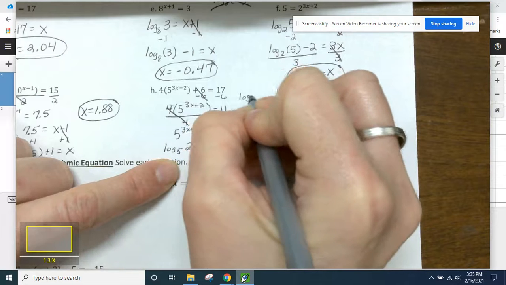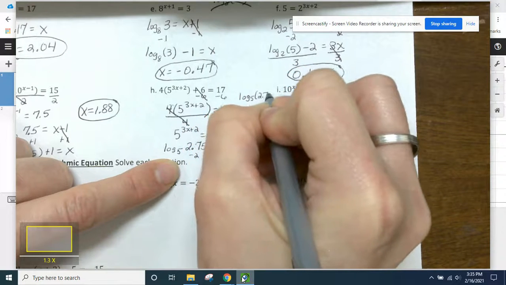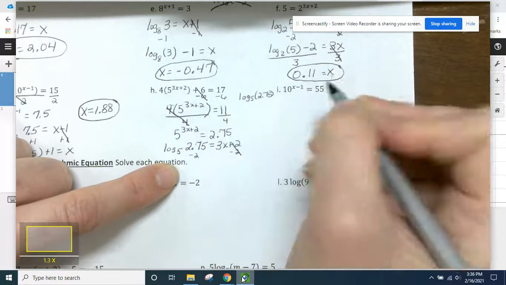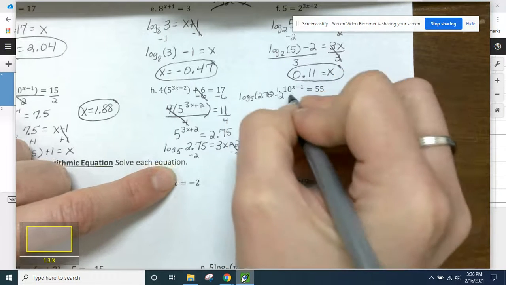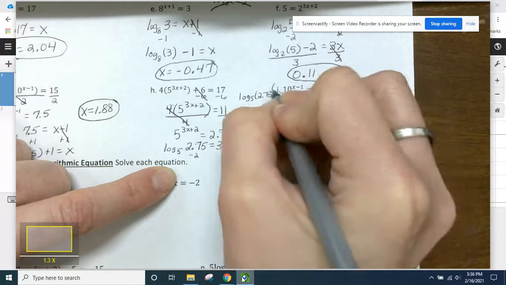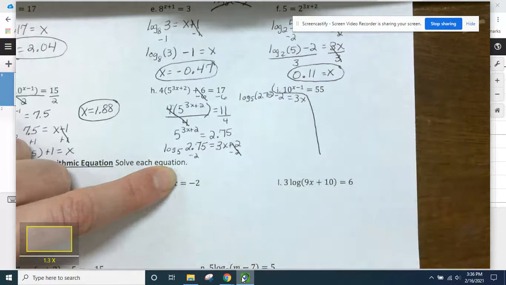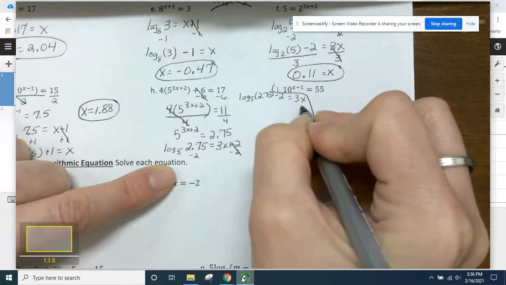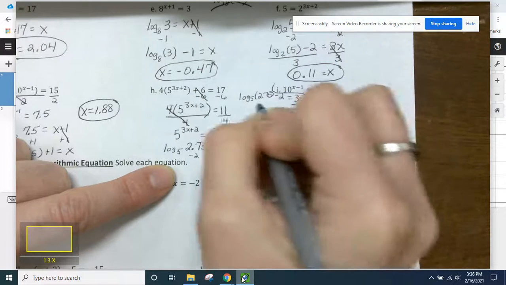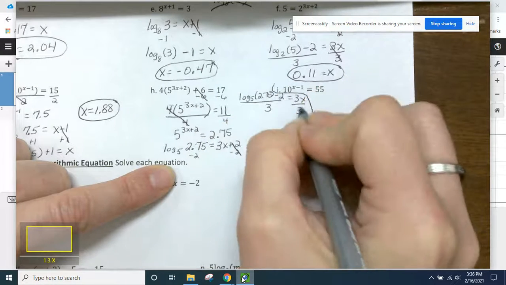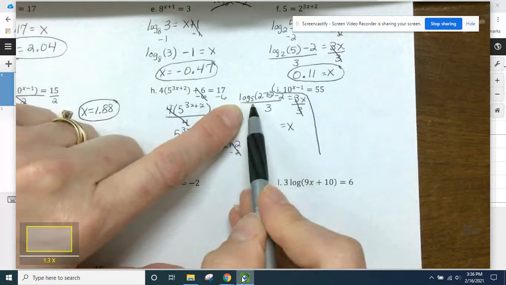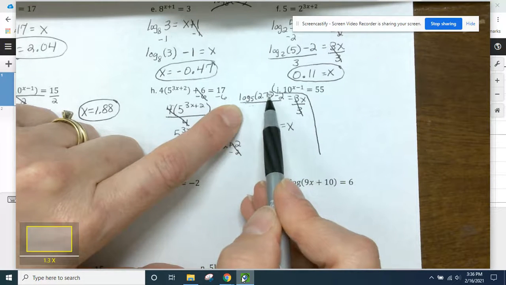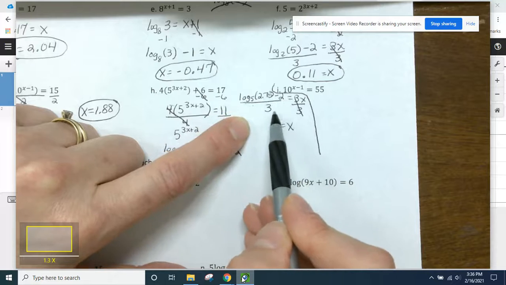So this is log base 5 of 2.75 minus 2 equals 3x. All right. Now we've got to divide by 3 on both sides so that goes away. All right, now I'm keying in log base 5 of 2.75 minus 2 divided by 3.